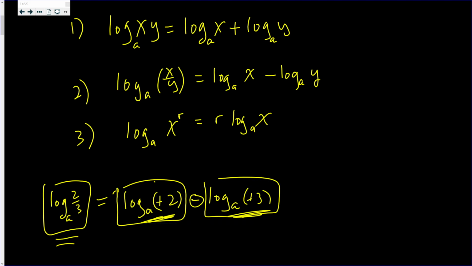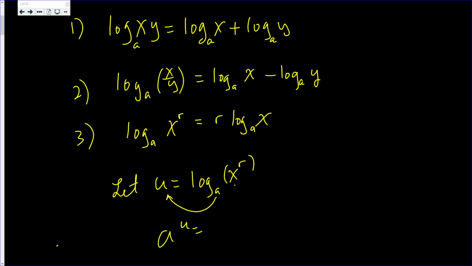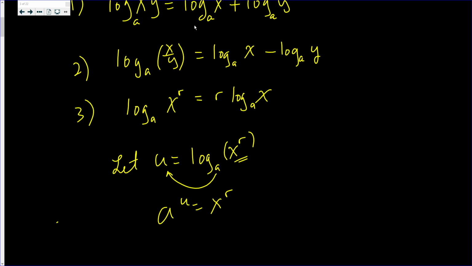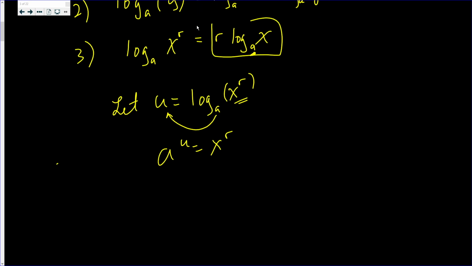Alright, so now how do we prove number 3? Well, how about I let u equal log base a of x to the r. So a to the u is equal to x to the r. Now, I want it to equal this, but this only has a as the base, not a to the u.